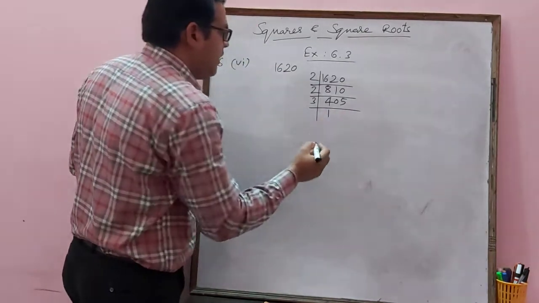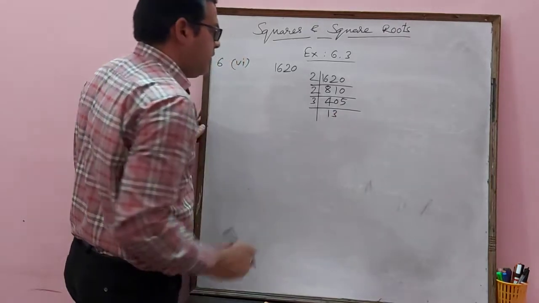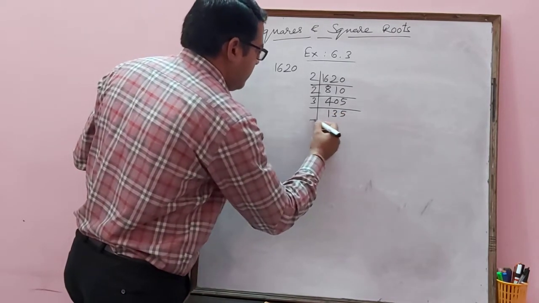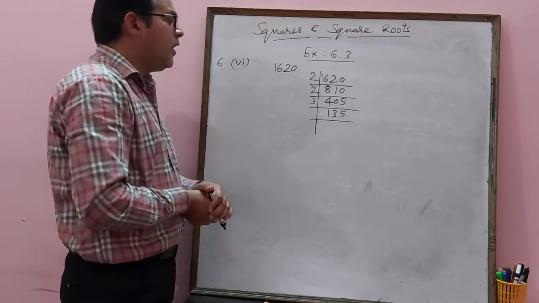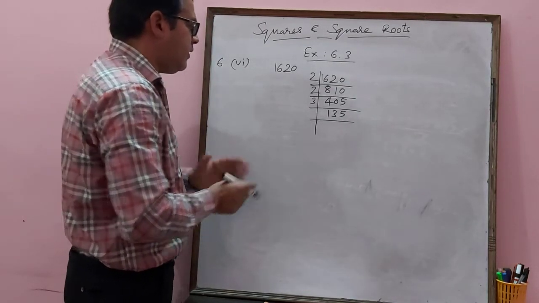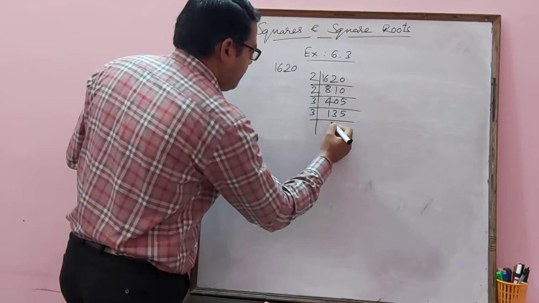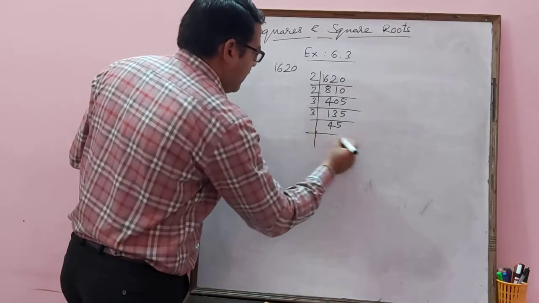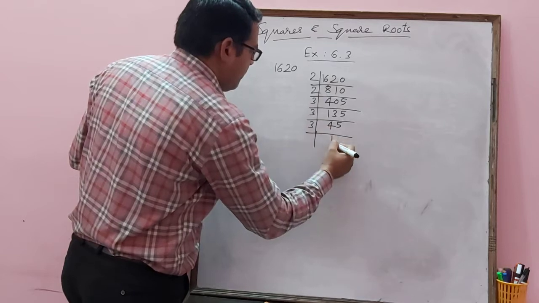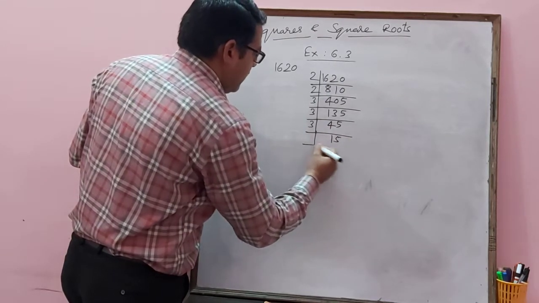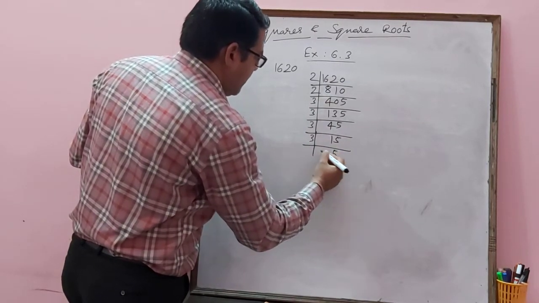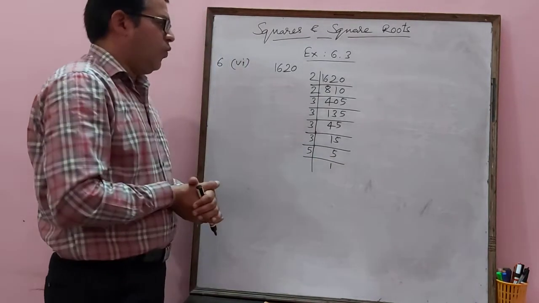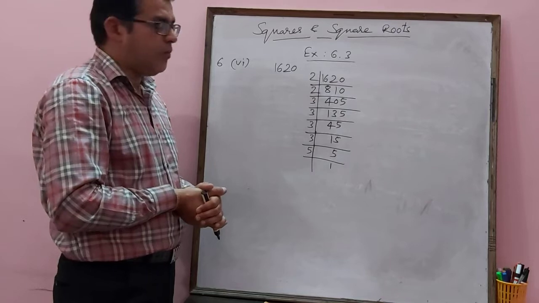3 ones are 3 and 3 threes are 9, 1 is left, so 3 5s are 15. Again we can divide it by 3. 3 4s are 12, 3 5s are 15. Again by 3, 15 times. Again by 3, 5 times. And at last by 5, 1 time. Hope you understand?